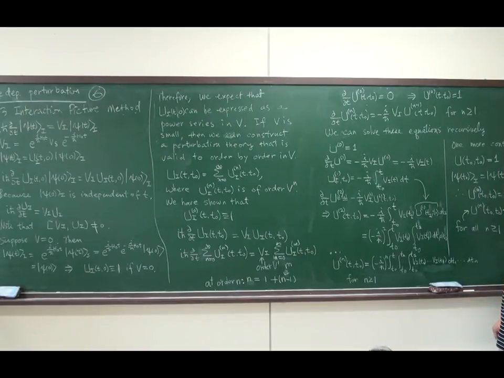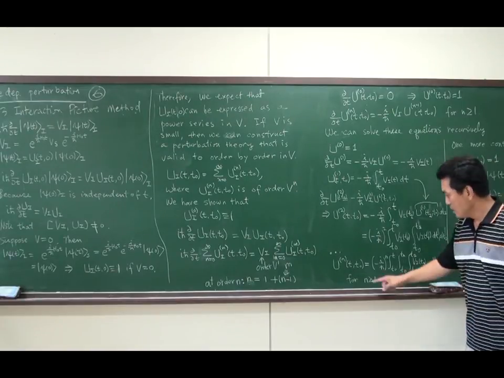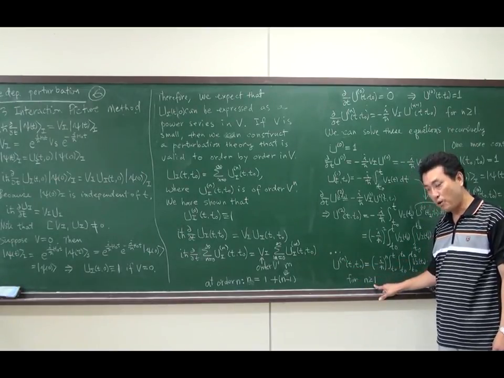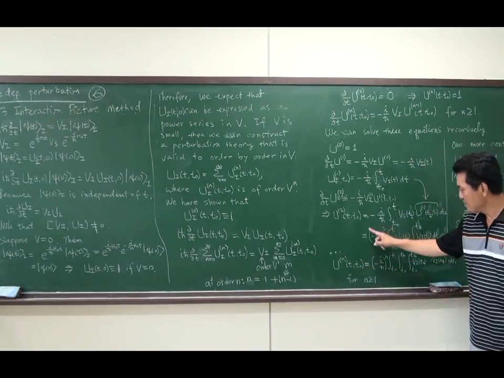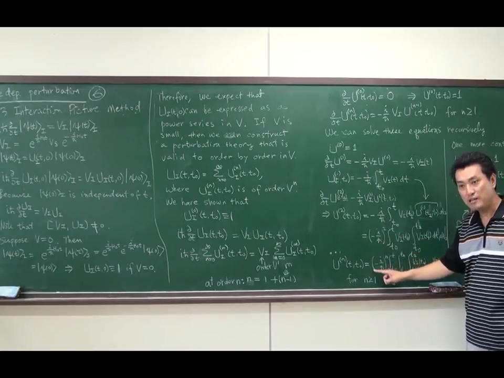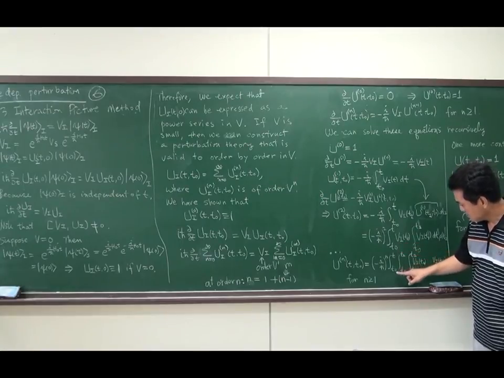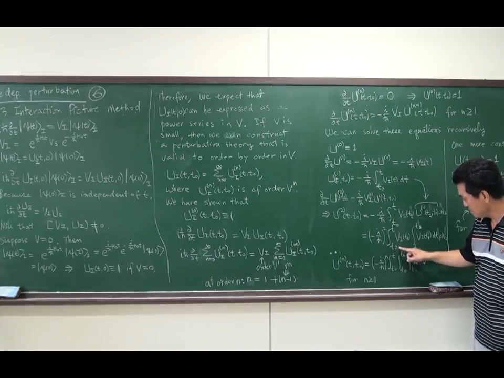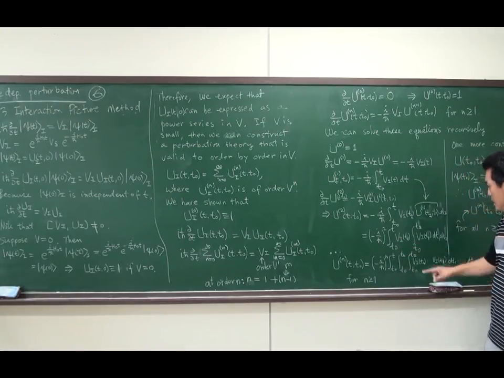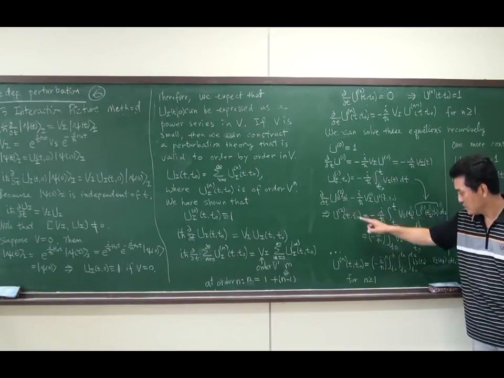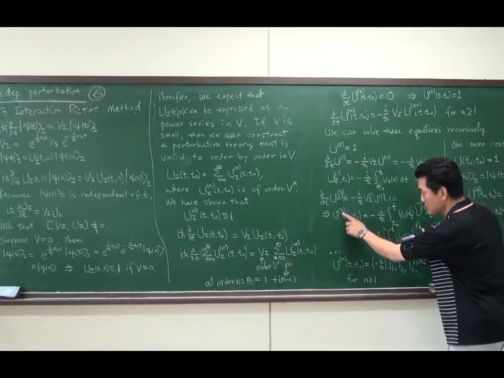If I do this computation repeatedly for all n greater than 0, I have this factor n times, and then the first integral, actually this is the last integral, from t0 to t, and then t0 to t2, and so on.